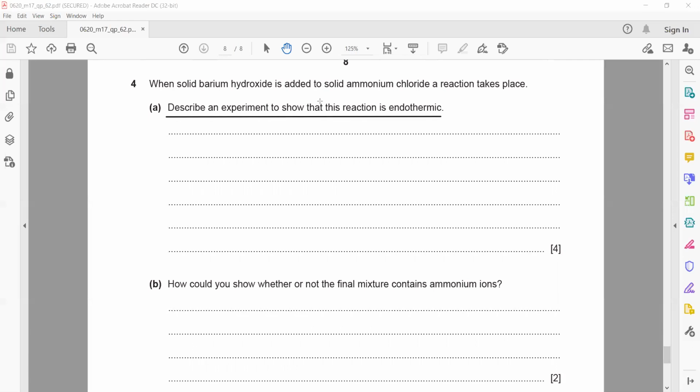So first what we have to do, we have to take equal amounts of barium hydroxide and ammonium chloride. Measure the initial temperature of each.